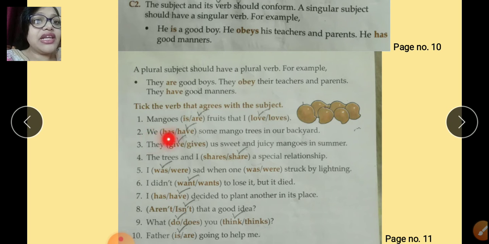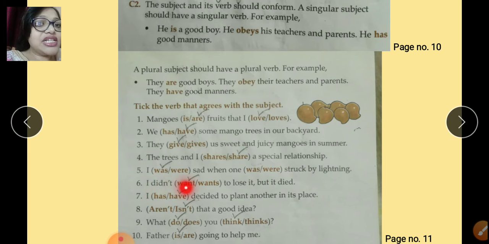Next one, similarly, we have some mango trees in our backyard. They give us sweet and juicy mangoes in summer. The tree and I share a special relationship. I was sad when, what will it be? When one was struck by lightning.